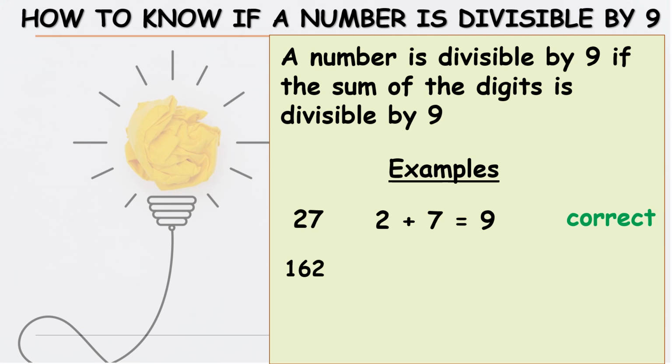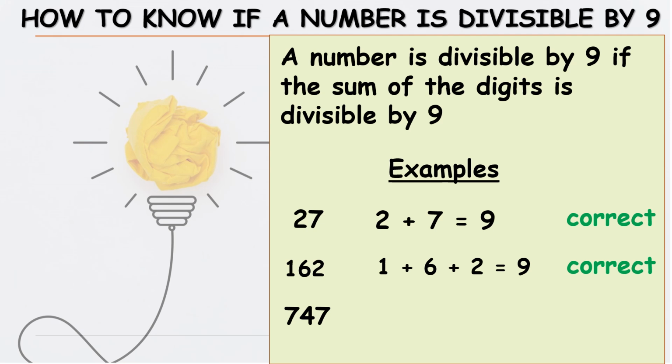Is 162 divisible by 9? We take the sum, 1 plus 6 plus 2, which is 9. Is that sum 9 easily divisible by 9? Definitely. So the entire number 162 is divisible by 9.